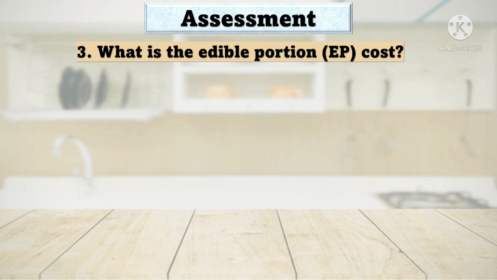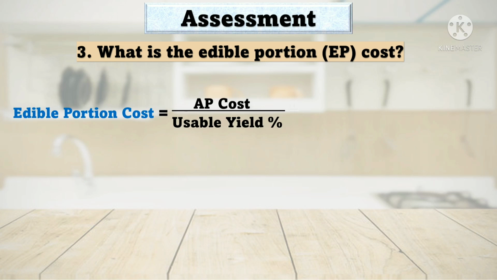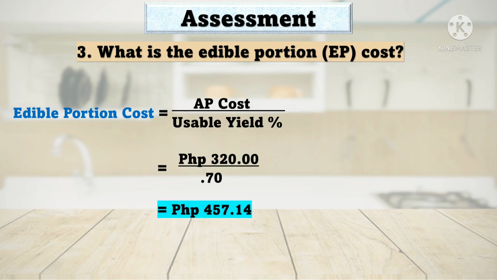Number 3. What is the edible portion or EP cost? Here is the solution. The correct answer is 457 pesos and 14 centavos.